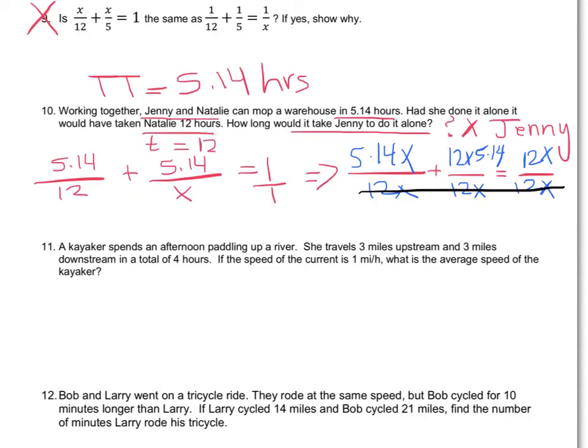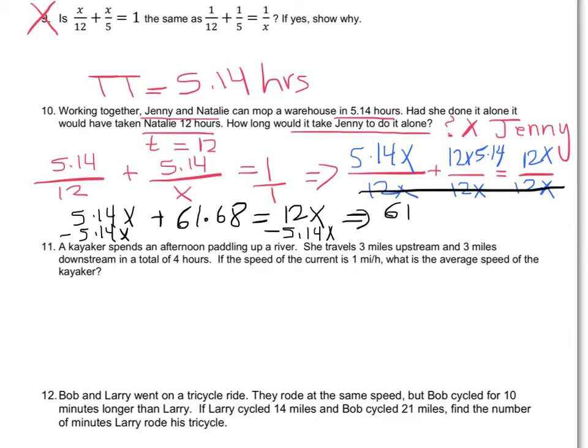Now, 5.14x plus, what is 12 times 5.14? 61.68. Okay, so 61.68 is equal to 12x. Now, you isolate the x's, so subtract 5.14x from both sides.